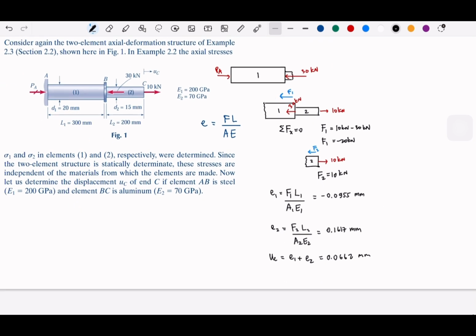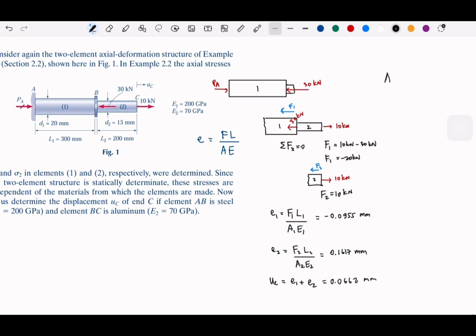Or if you want to write it completely, A1 will be pi over 4 times 20 millimeters squared. A2 is pi over 4 times 15 millimeters squared. Okay, and then just put them inside the equations. And don't forget the units.